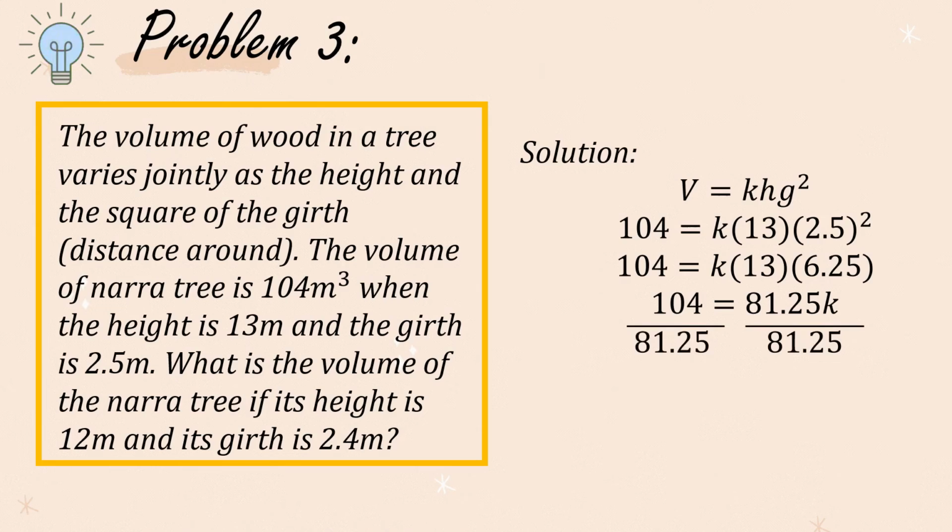That's correct. We have to divide both sides by 81.25. So, we will cancel 81.25 and divide 104 by 81.25. What will be the answer? The answer will be K equals 1.28. And that will be our constant for problem number 3.